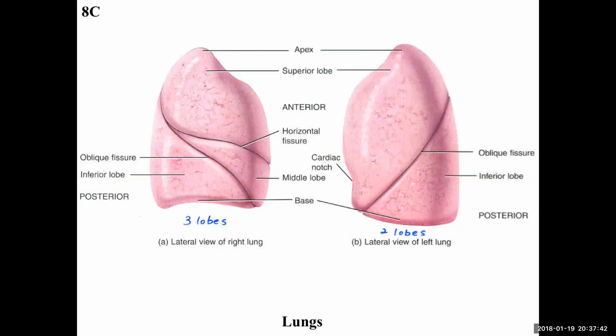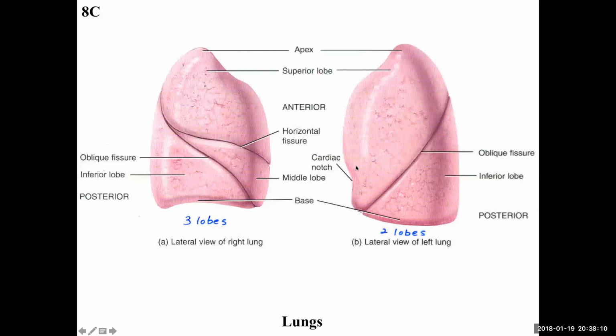The mediastinal surface is irregular on both sides, okay? So we have the mediastinal surface, it's kind of irregular. And the cardiac notch is over here on the left lung. It's an indentation, and it is going to be on the mediastinal surface, and it's on the left lung, of course, and it conforms to the shape of the heart, okay?